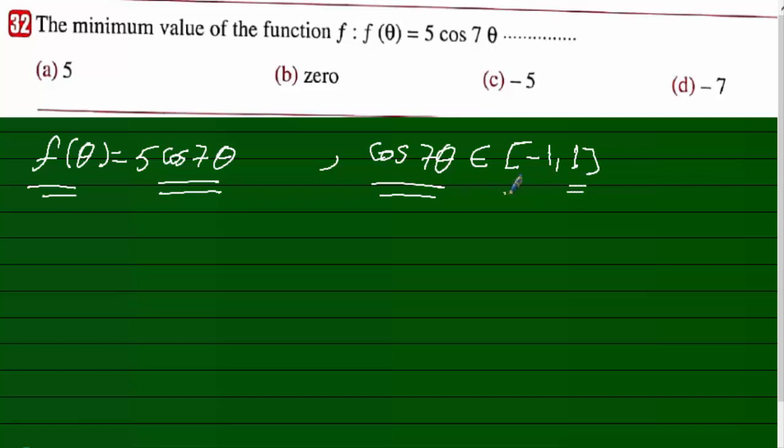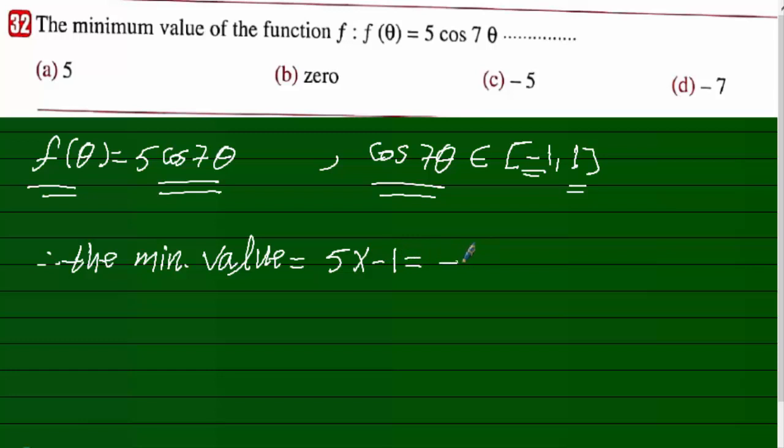What does that mean? The minimum value of cosine 7 theta equals negative 1, and the maximum value of cosine 7 theta equals 1. The question here is about the minimum value. So we write the minimum value equals 5 multiply negative 1.